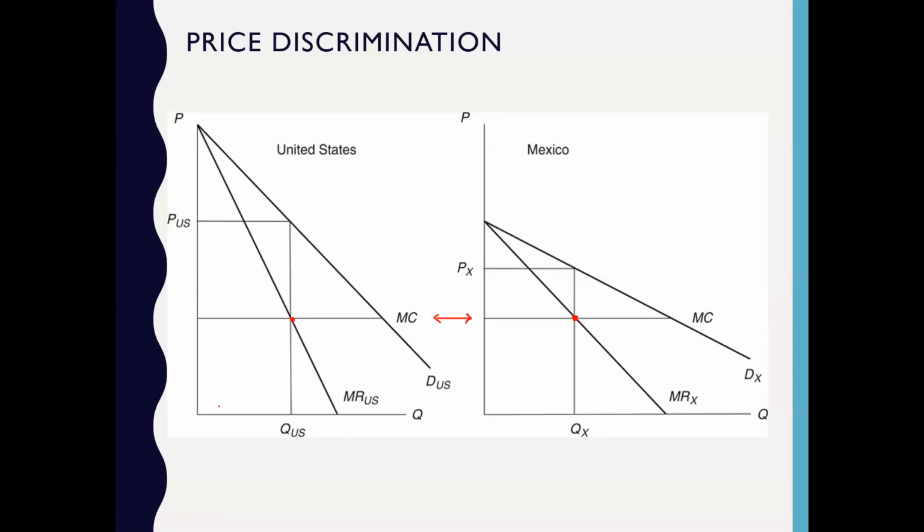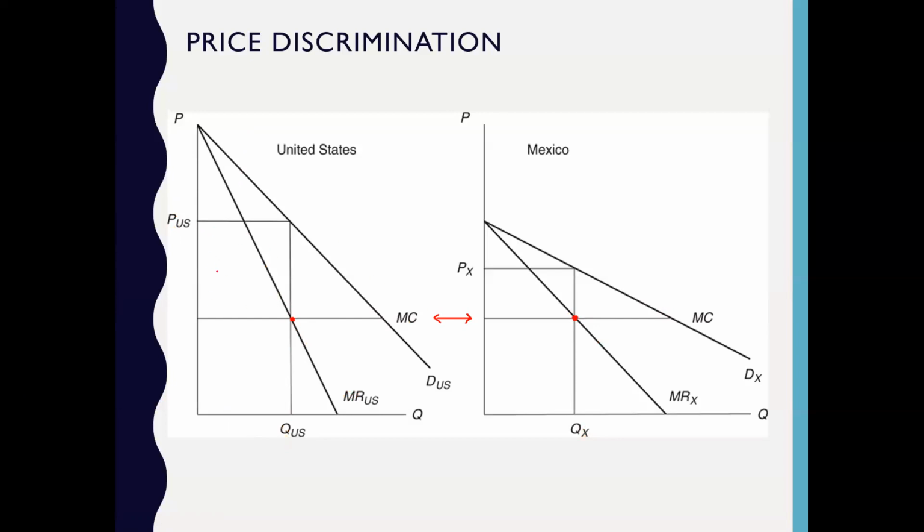And it's going to result in 2 different quantities, the quantity in the US and the quantity in Mexico. Even though marginal revenue is going to be equal in both countries, the price is going to be higher in the market with the more inelastic demand, so here the US, which also means that the profits are going to be higher here.